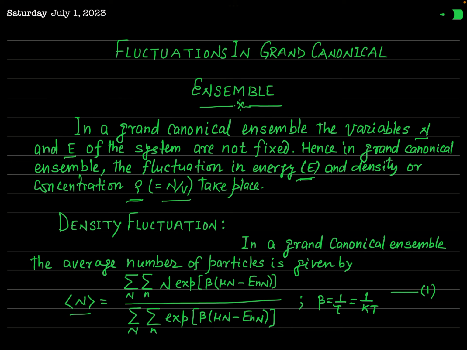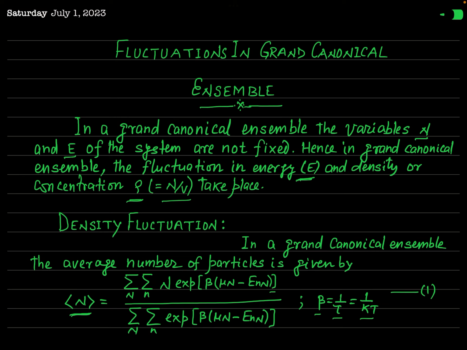On the basis of that concept, the average or mean value of number of particles, which I have denoted here by <n>, will be simply defined like this: summation over N, summation over n, n times exponential of beta times (mu N minus E_n), divided by the double summation of exponential of beta times (mu N minus E_n). Here beta is the parameter defined by the reciprocal of the statistical temperature, that is 1 by tau, or 1 by kT, where k is Boltzmann constant.